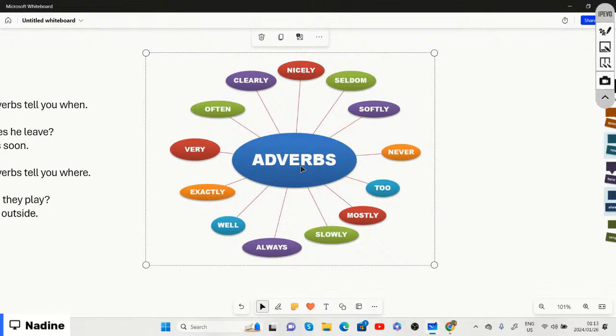And if we look at some of these words: nicely, seldom, clearly, often, softly, never, very, exactly, too, well, mostly, slowly, always.